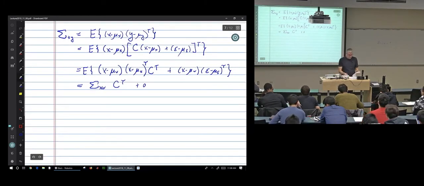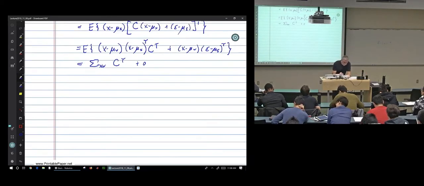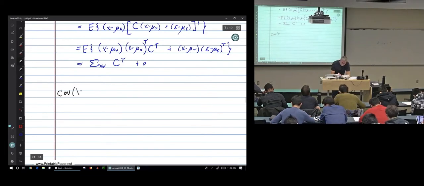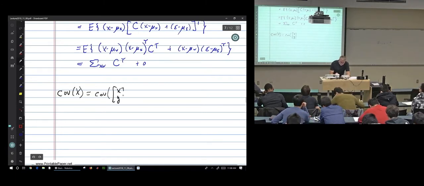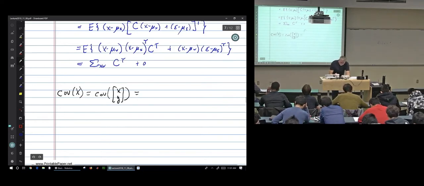Okay. So let's summarize all this. The covariance of this vector, our unknown x and our measurement of x, has the matrix sigma xx, part of our original data.